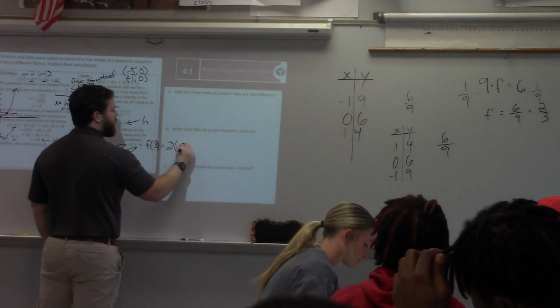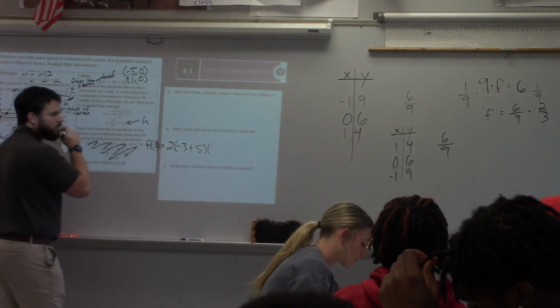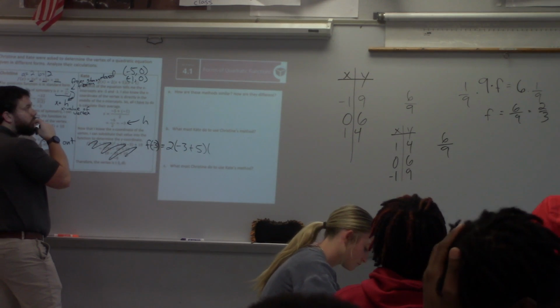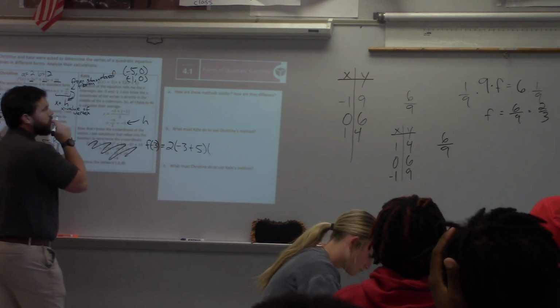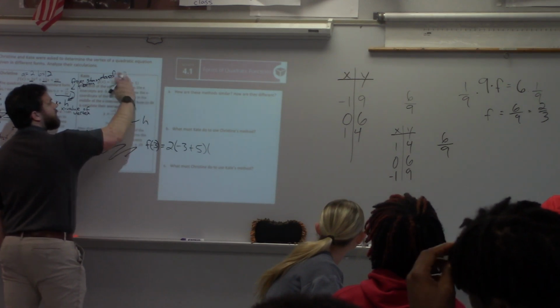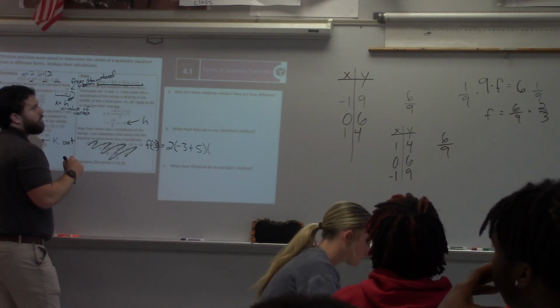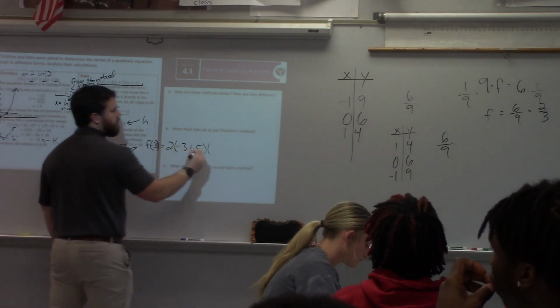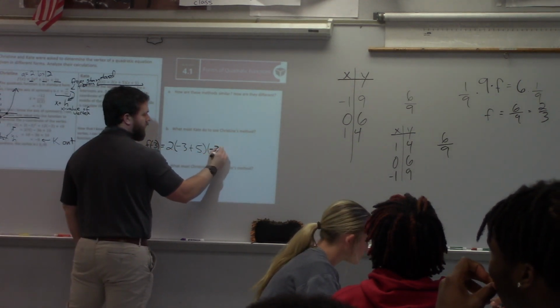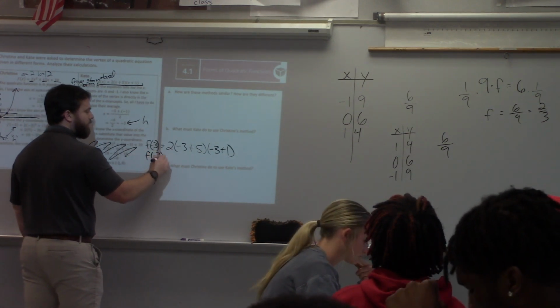-3, right? That's my input. Plus 5 times, oh, my bad. Remember, I'm just using this function right here. So it's what right here? -3 plus 1. It's just substituting in, guys. Don't make it more stressful than that.